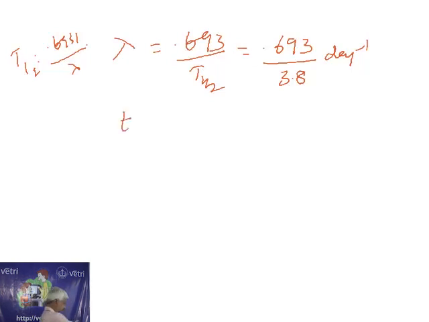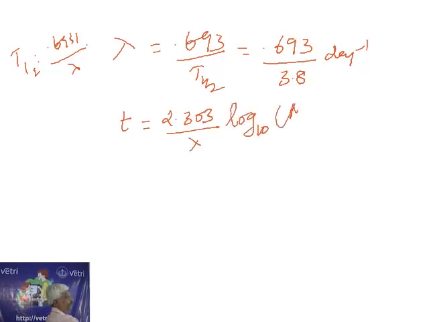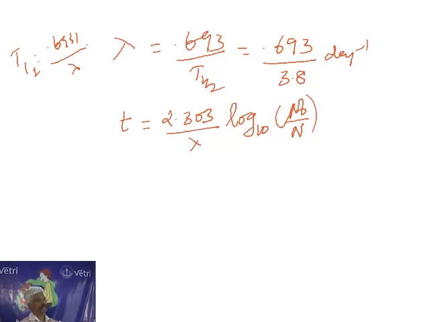I already told you that the time taken t is equal to 2.303 by lambda into log to the base 10 of N naught by N. So the total time taken is 2.303 times the half-life into log to the base 10 of N naught by N.